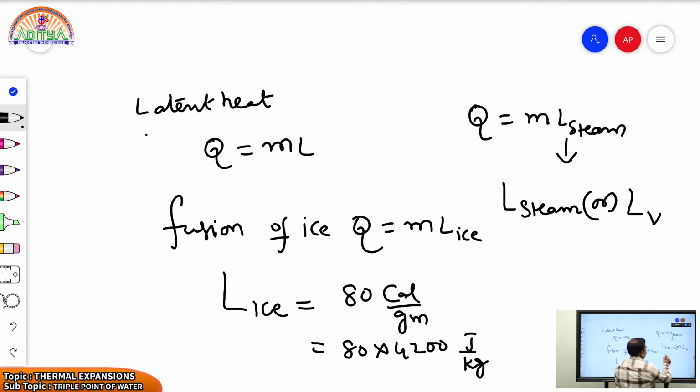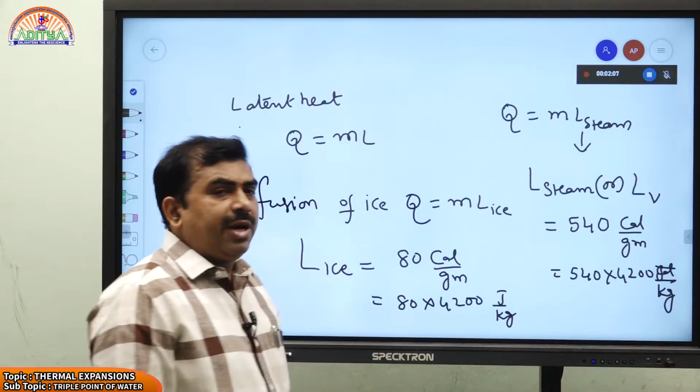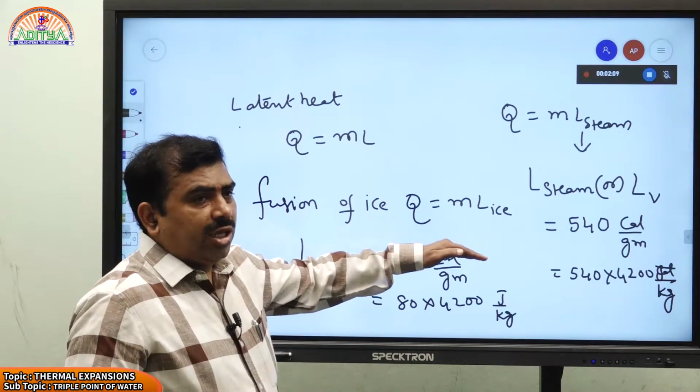LV is equal to 540 calorie divided by gram. And then to convert it into SI system, we have to multiply with 4200. This is joule divided by kilogram. This is about the latent heat.